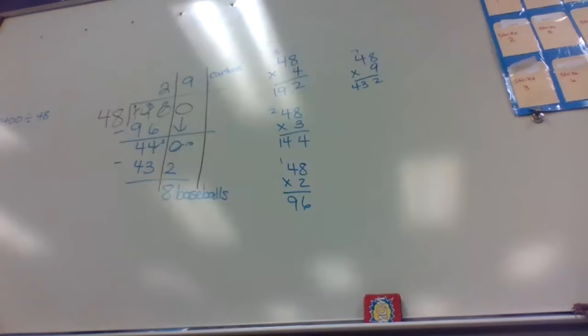B. What is the quotient? Look up here and tell me. 29 cartons. What does the remainder mean? That means 8 baseballs are not in a carton.